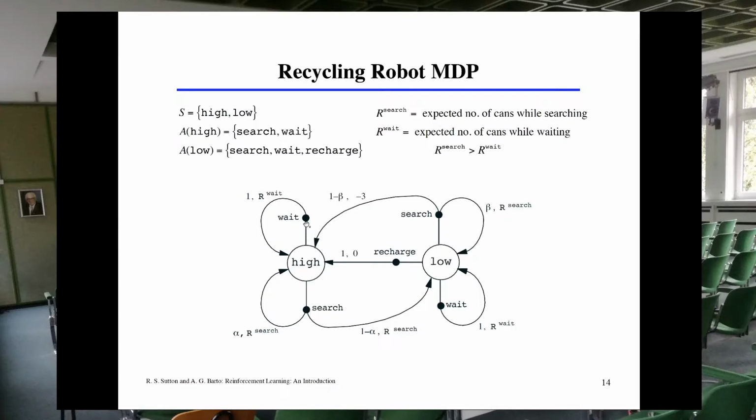If the robot has high battery, it can perform the action wait or the action search. If the agent decides to perform the action wait, with probability 1 it will stay with a high battery, and it will receive some expected reward given that it is waiting.